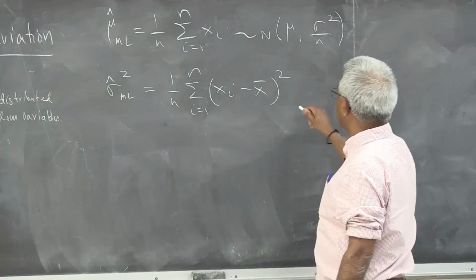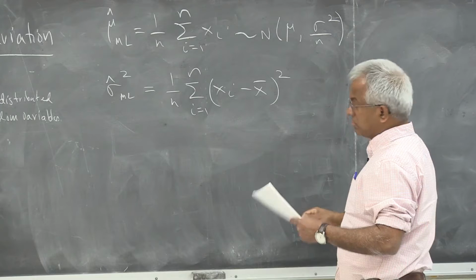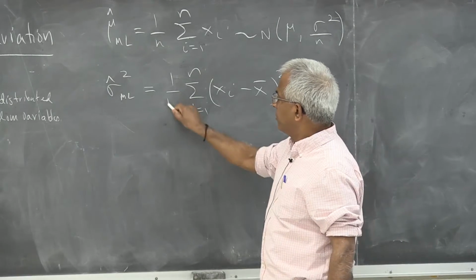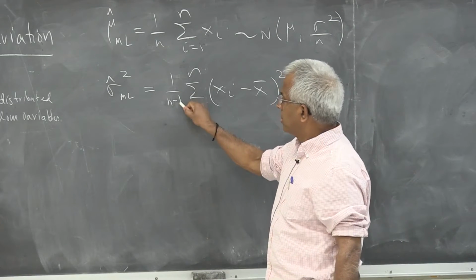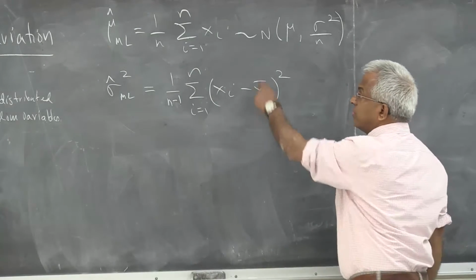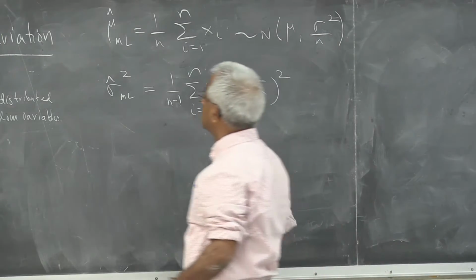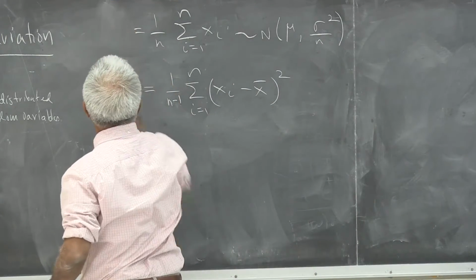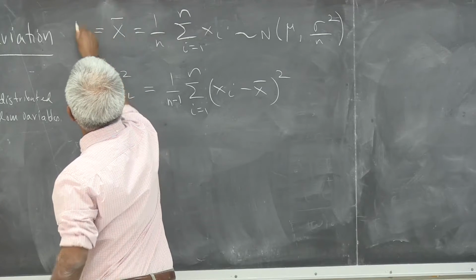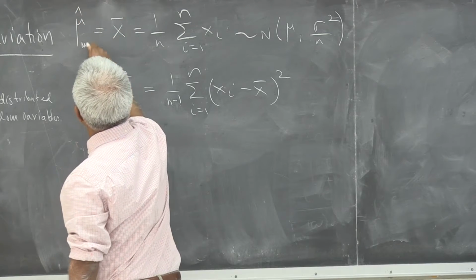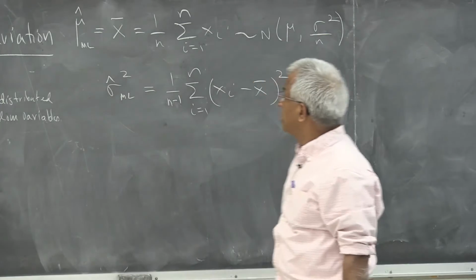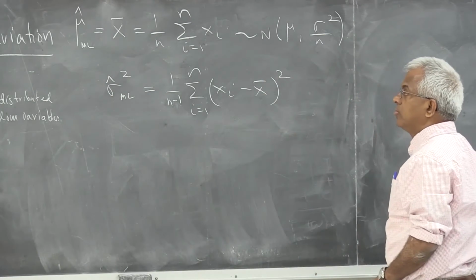and it's also easy to show that for sigma squared, remember x bar itself, this is your x bar, which is mu hat ML. This is the best estimator for the mean, the average of the observations.